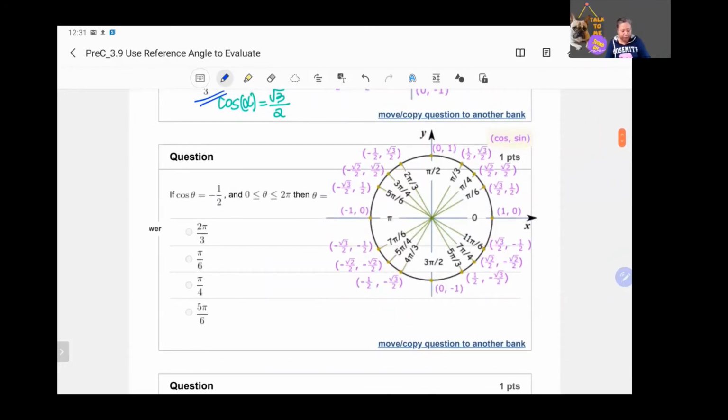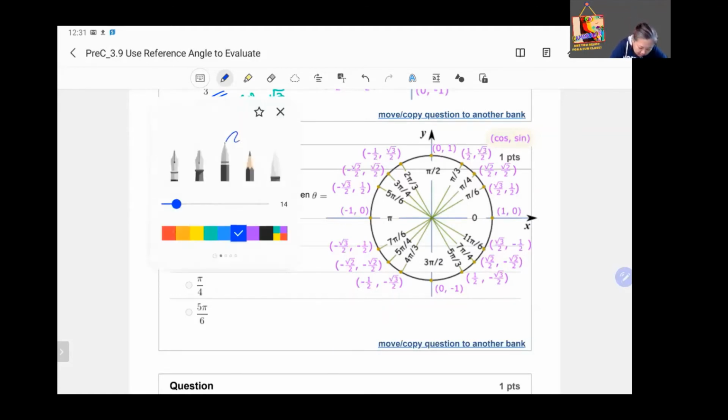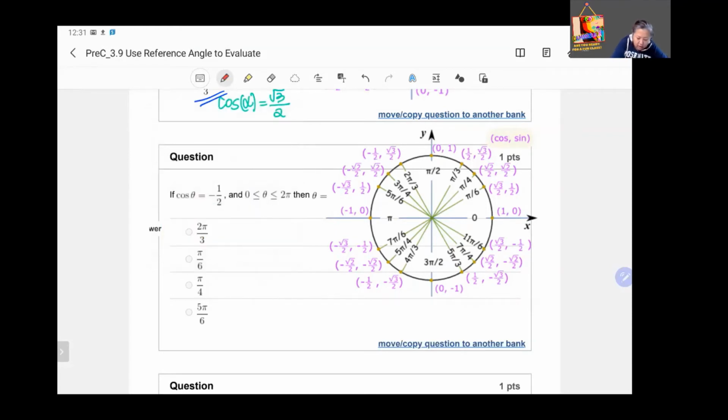Okay, now, this problem is weird. Usually we get the angle measure theta, but this is simply asking for the unknown angle theta we have to find. This is what we have to find.